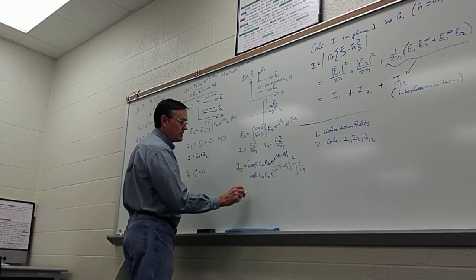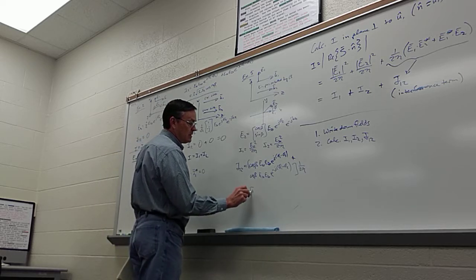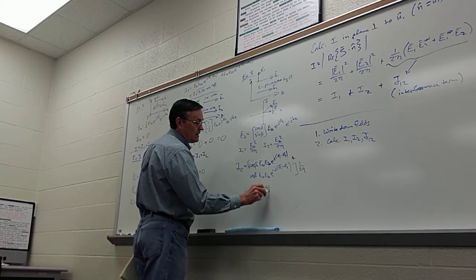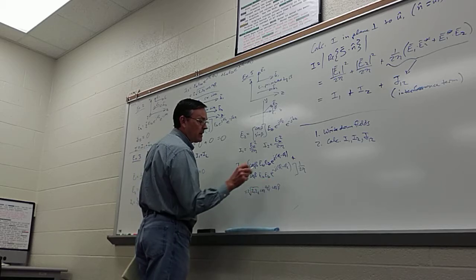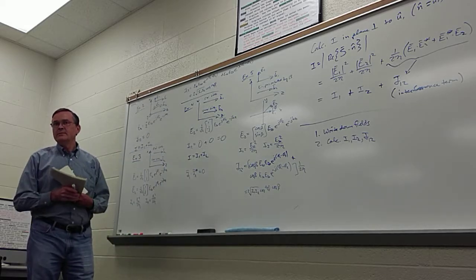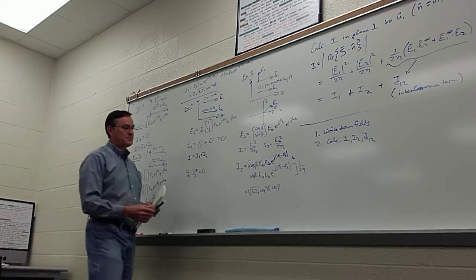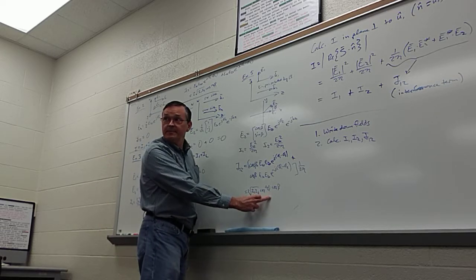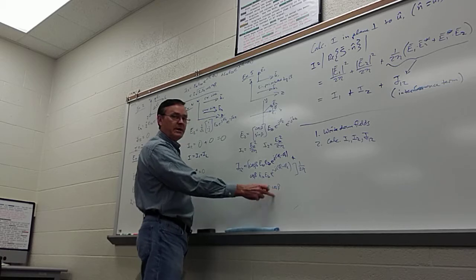So long story short, that gives me 2 times square root of I1, I2, cosine of delta phi, and now I have this extra cosine of beta hanging around. So this first piece just looks like a regular interference term, right? For identical polarization states. What's that cosine beta mean?